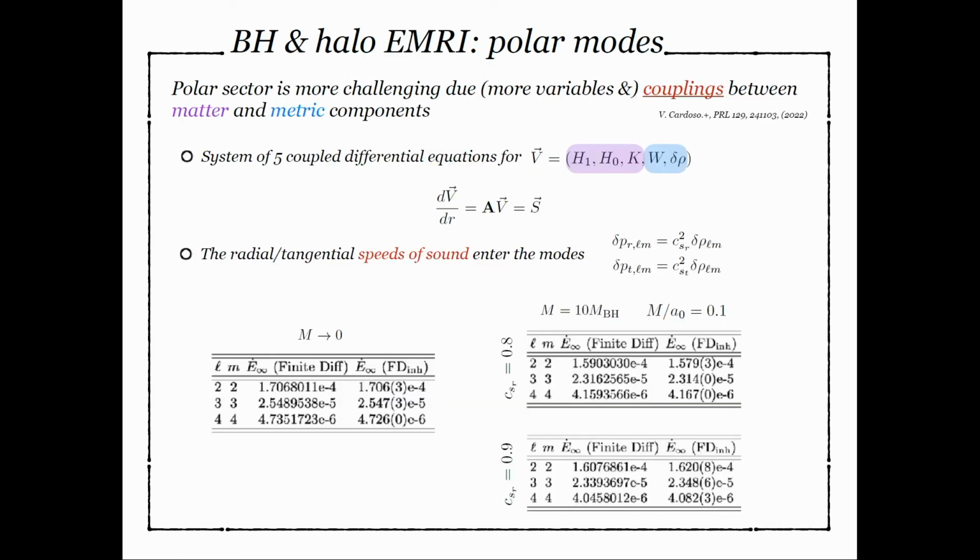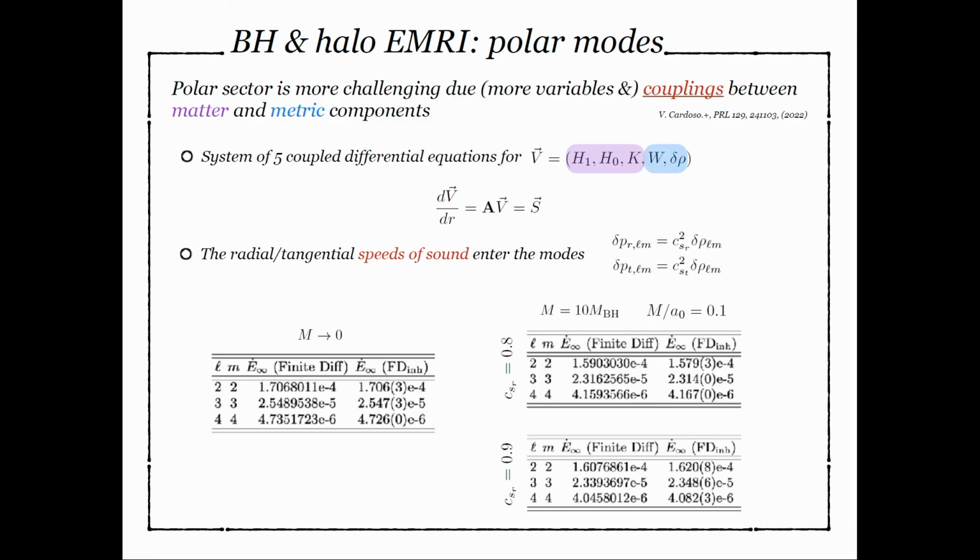I have just 2 slides left, and then I can leave. So where is the juice? Do we have any chance if we really want to model everything in a coherent relativistic way? Well, the answer is in the polar sector, at least from our first calculations, and this is because of the couplings between the gravitational variables, here the tensor perturbation, and the fluid variables, the perturbation of velocity and the perturbation of the density, which renders everything more complex.